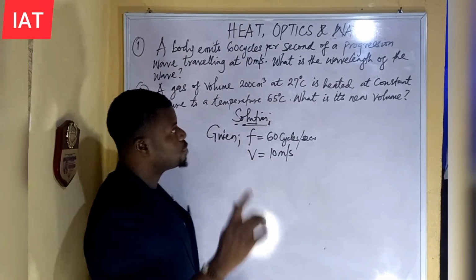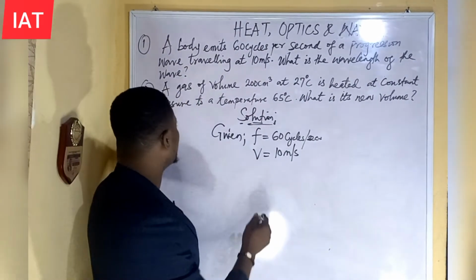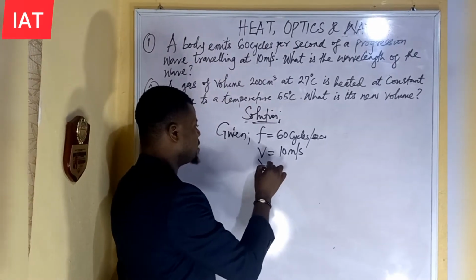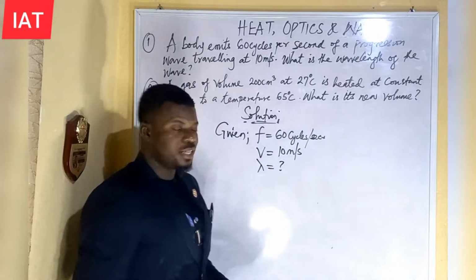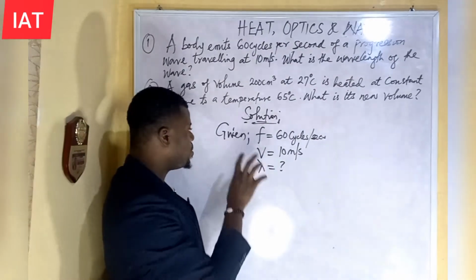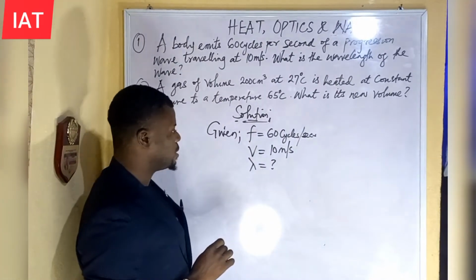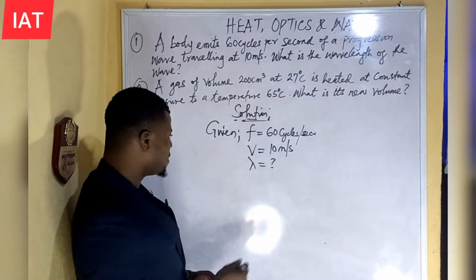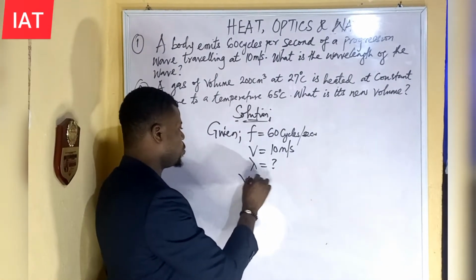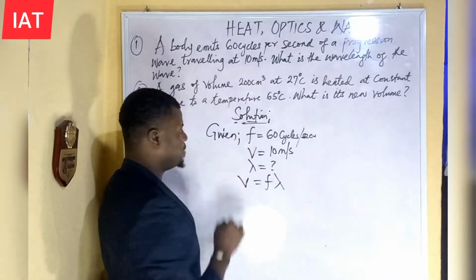We are asked to calculate the wavelength of the wave, and wavelength has its symbol to be lambda. And you know that there is a formula that connects the velocity, the frequency, and the wavelength together. So what is that formula? It is v equal to f lambda.